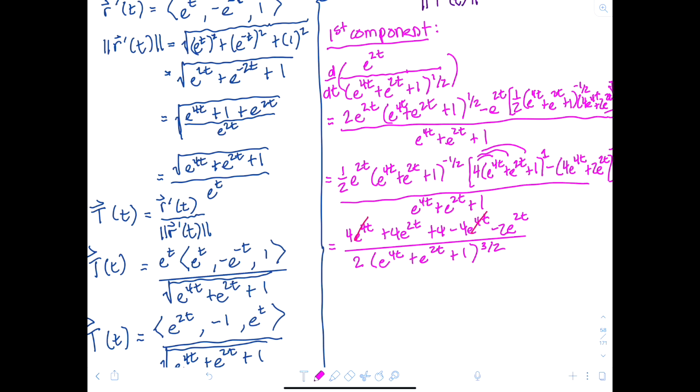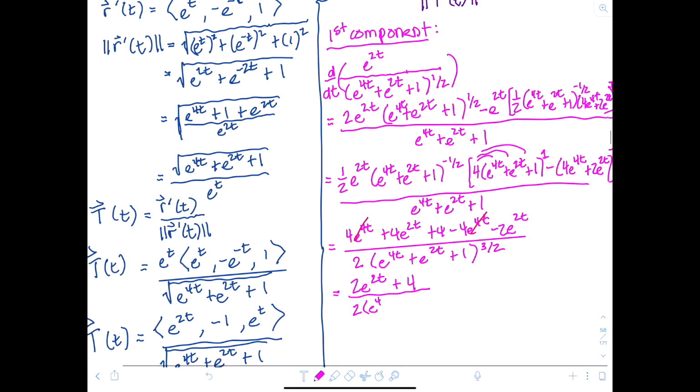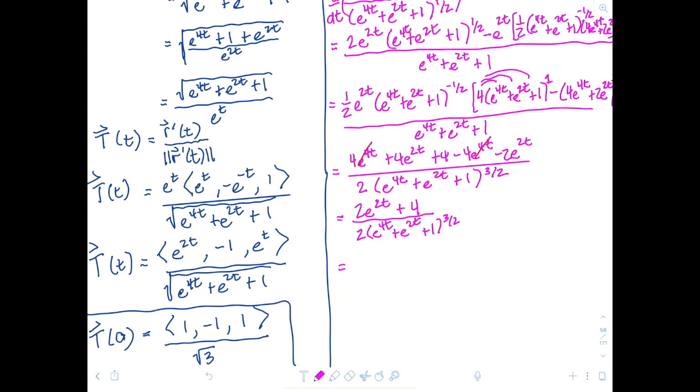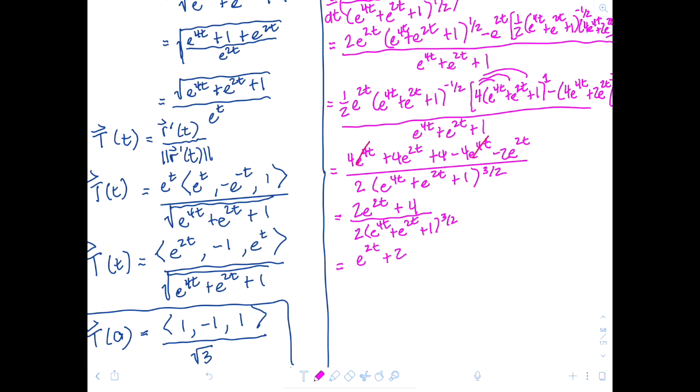So this will equal 2e to the 2t plus 4 over 2 times e to the 4t plus e to the 2t plus 1 raised to the 3/2. Factoring out a 2 and then dividing out, we will get e to the 2t plus 2 over e to the 4t plus e to the 2t plus 1 raised to the 3/2.